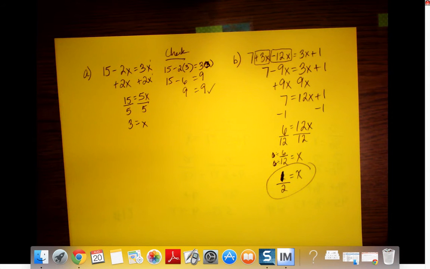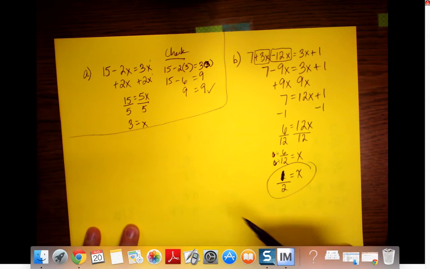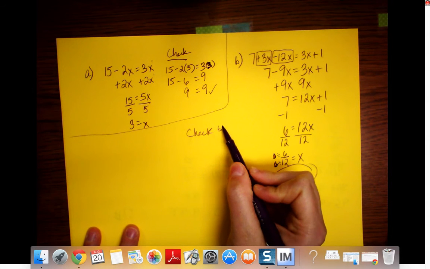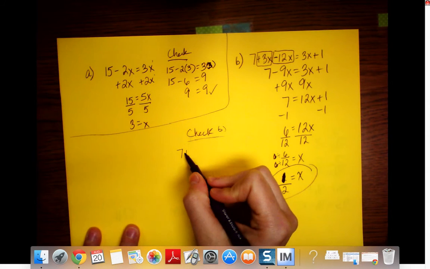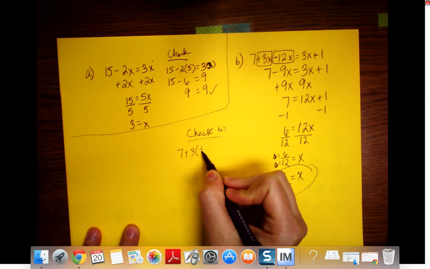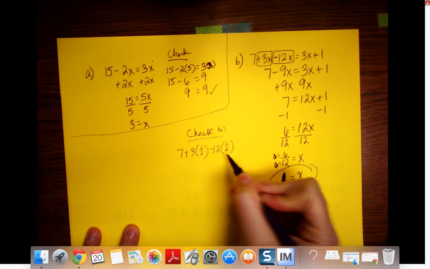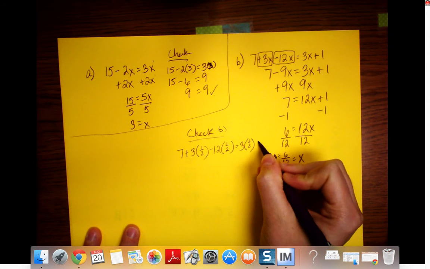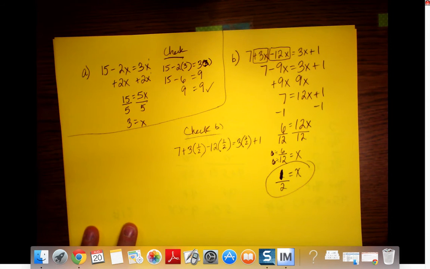And we need to check it. So I'm going to come over here. This is the check for problem B. So x is 1/2. Now this is where improper fractions come in handy.